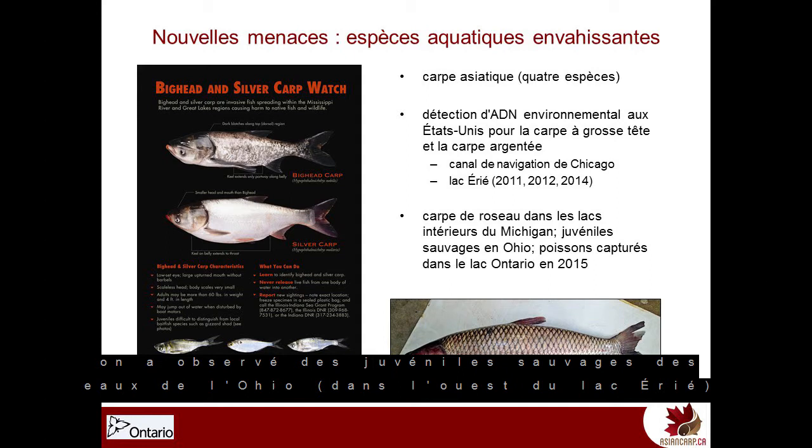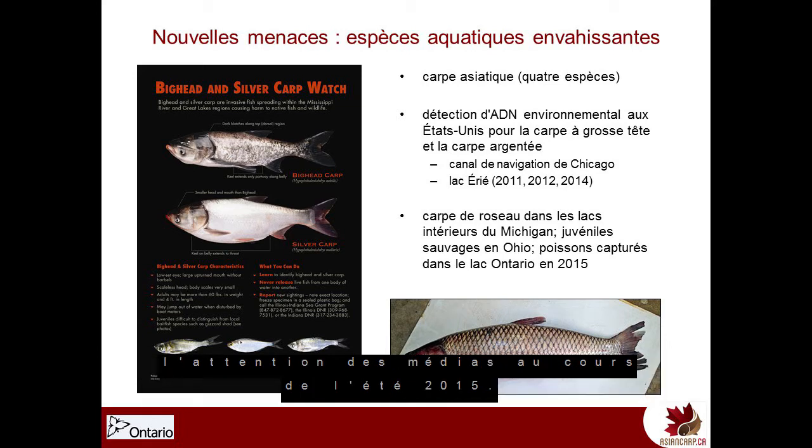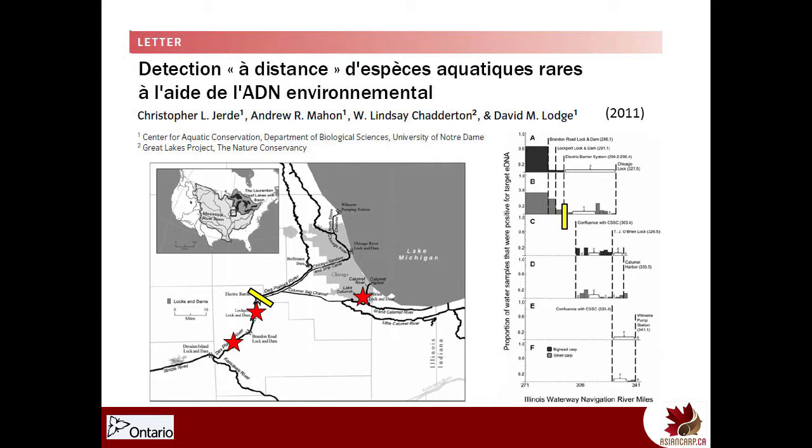There's been documented wild juveniles from Ohio waters of western Lake Erie. And there was a lot of media attention in summer of 2015 when a number of grass carp were caught in Lake Ontario. Thankfully, none of them were reproductive.